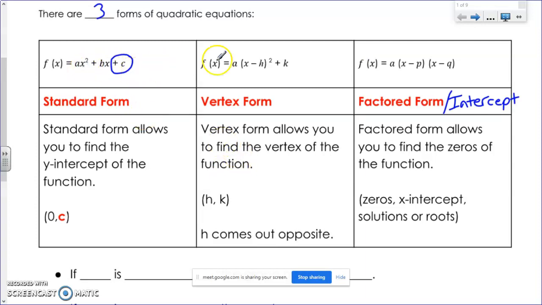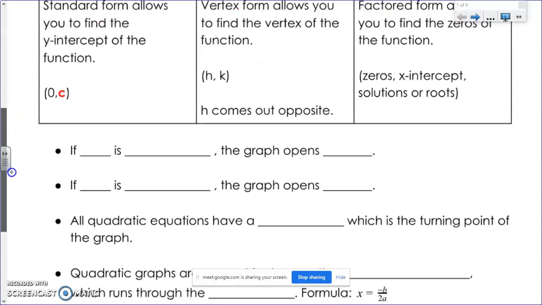If A is negative, we know that the parabola will open down. If A is positive, it opens up. And we'll talk more about that on Thursday. So the factored form, intercept form, gives me my zeros. Okay? Does everybody understand that you're expected to know what you can get from each part? Yes? Okay, so down here we're going to talk about this.